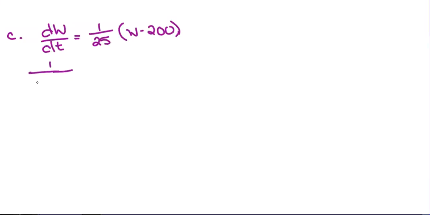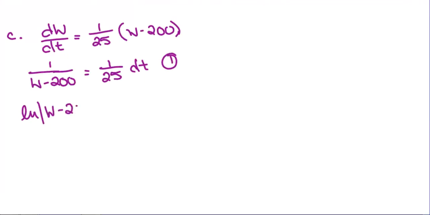Again, same as always, we're going to end up dividing. Very rarely does separation of variables not require dividing something. So again, 1 point for separation of variables. Let's anti-differentiate. This will be the natural log of w minus 200. This value is always going to be positive.